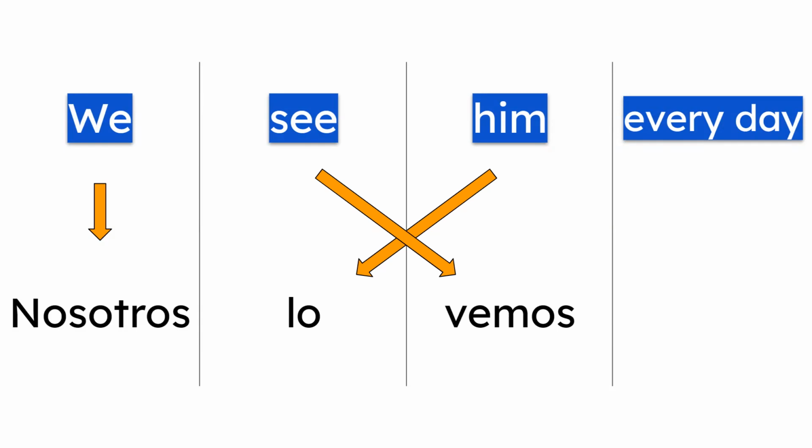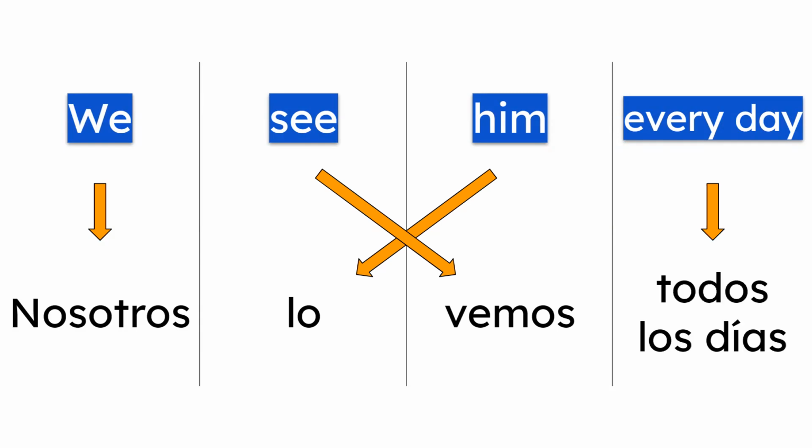Did I hear todas las días? The right one is todos los días. You have to be careful because this is a typical mistake many students make. They think that días is feminine when it's not. It's masculine, and that's why the words previous to it are masculine as well.